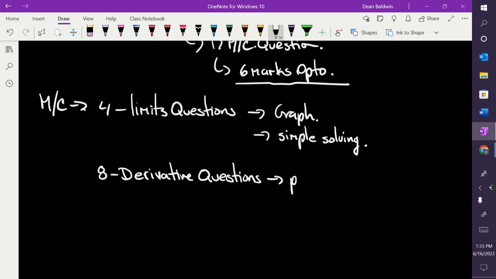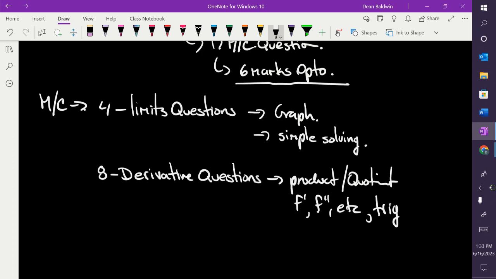So your usual product, quotient, first derivative, second derivative, etc. Trig derivatives. Oh, for limits, know your trig stuff too. I'll give you the formulas.